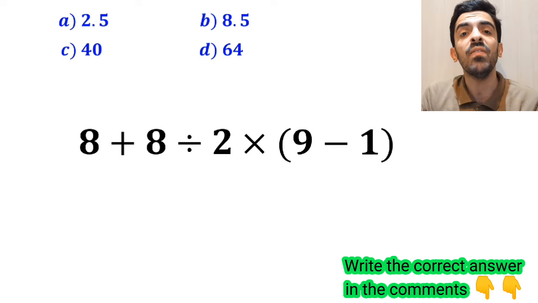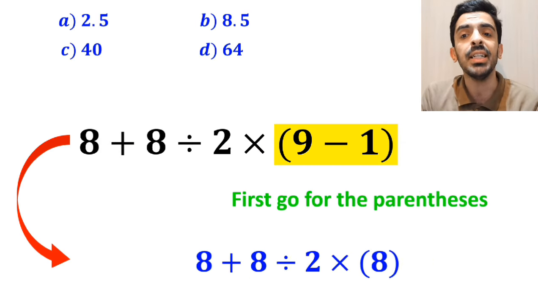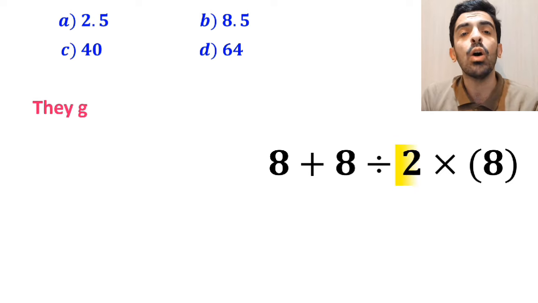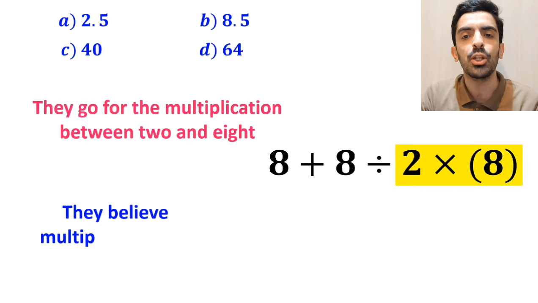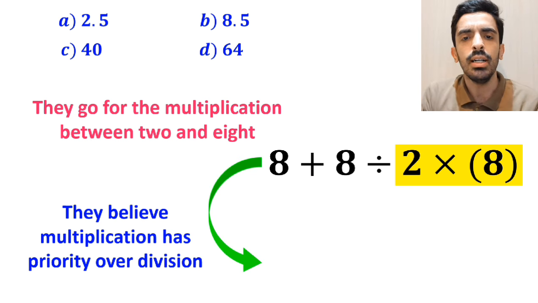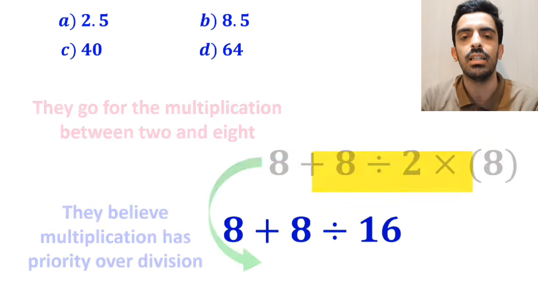Also, some other people when solving this question first go for the parenthesis and write this expression as 8 + 8 ÷ 2 × 8. In the next step, they go for the multiplication between 2 and 8 because they believe multiplication has priority over division. So, this expression simplifies to 8 + 8 ÷ 16.